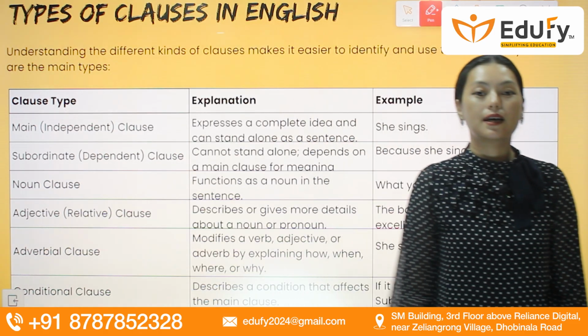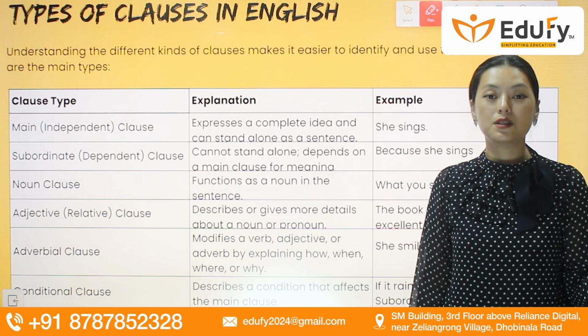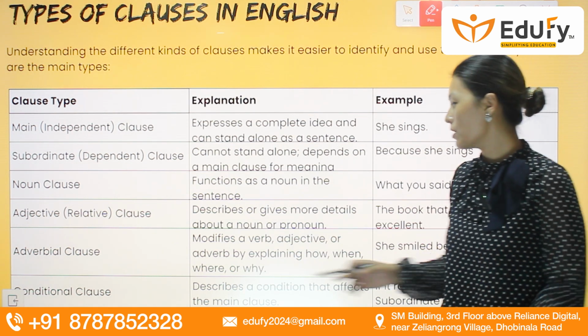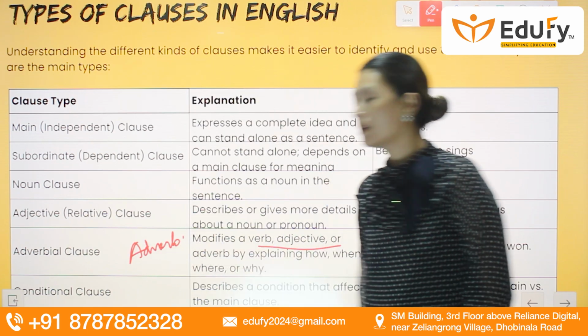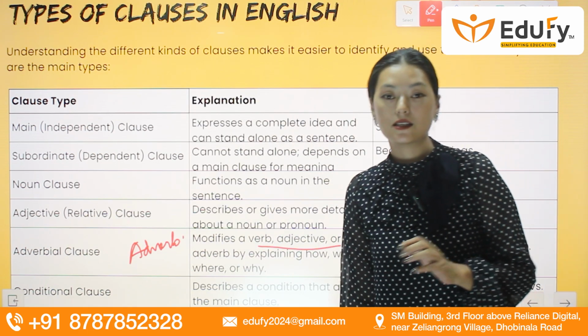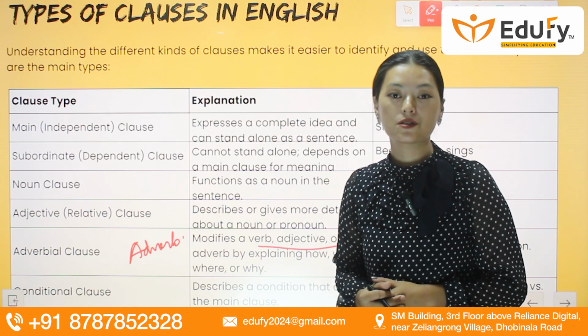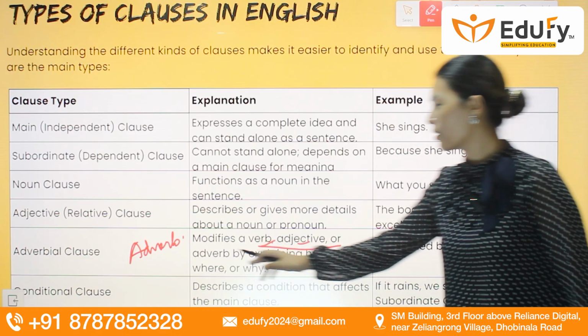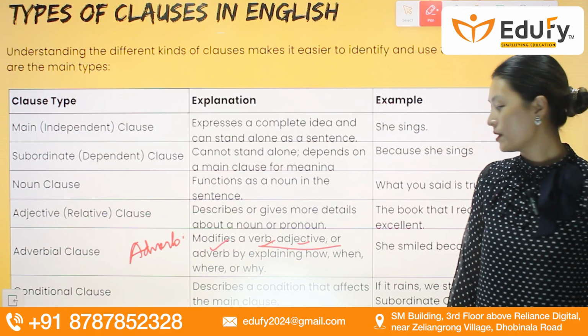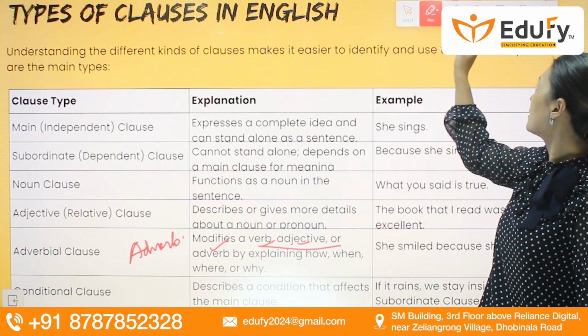This next one is the adverbial clause. Adverbial clause means any type of clause that functions as an adverb. Now what does an adverb do? Does it just talk about verb actions? No. It talks about what? A verb, adjective, or even an adverb itself. By explaining what?